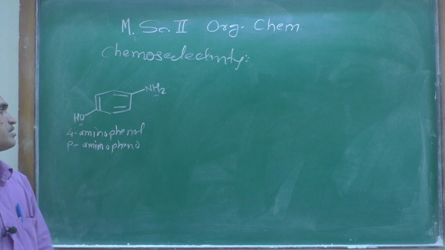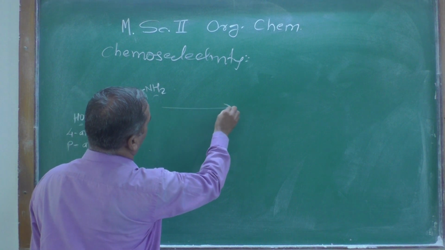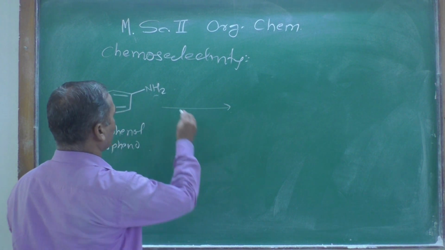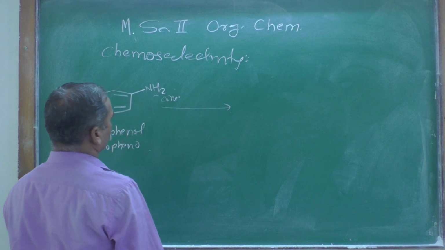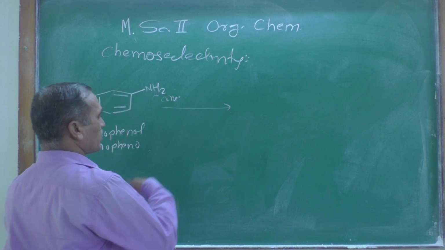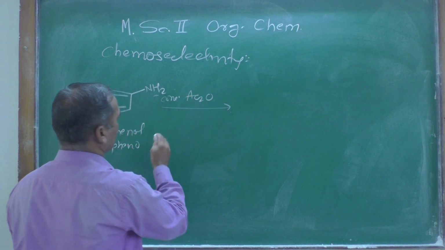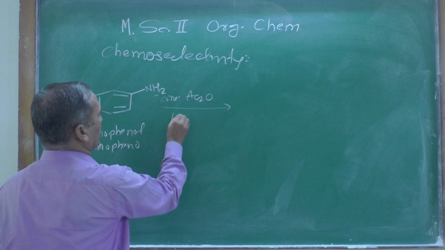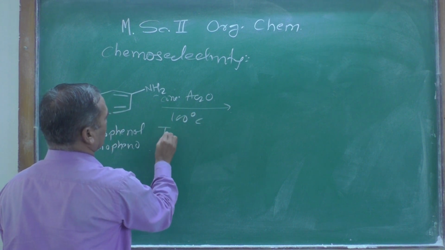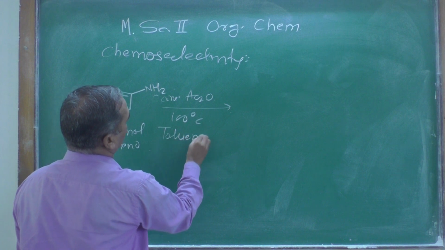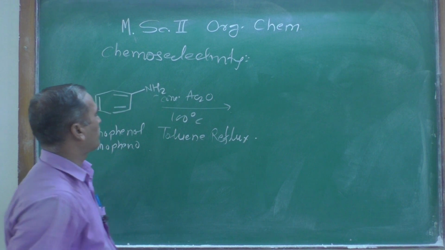If you treat this compound with a high concentration of acetic anhydride, heated at 100 degrees centigrade, taking toluene as solvent at reflux condition, what do you get?